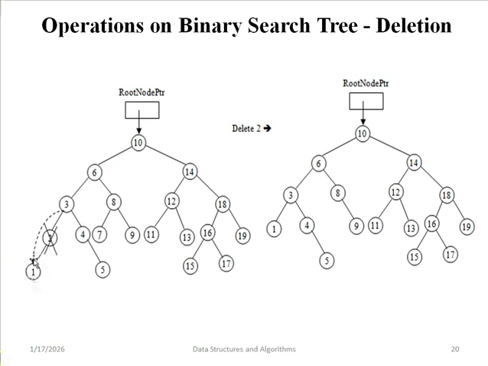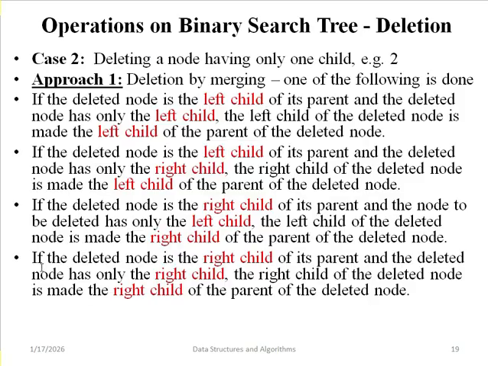After removing 2, we connect 3 with 1. If the deleted node is the left child of its parent, and the deleted node has only a left child, then the left child of the deleted node is made the left child of the parent of the deleted node. That is the condition.